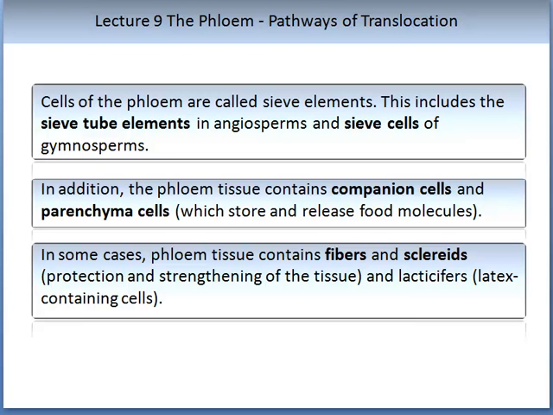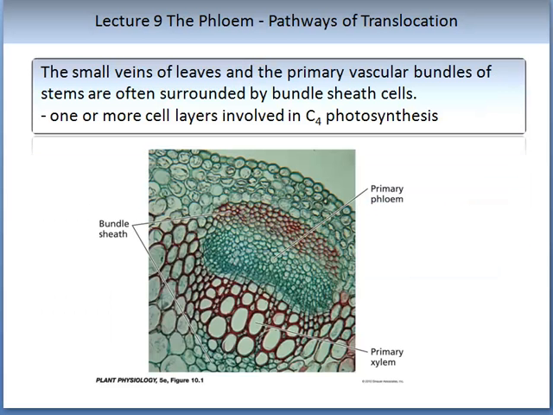These include the sieve tube elements in the angiosperms and the sieve cells of the gymnosperms. In addition, the phloem tissue contains companion cells and parenchyma cells. These store and release food molecules. In some cases, phloem tissue contains fibers and sclereids. They protect and strengthen the tissue. And laticifers, which are latex-containing cells.